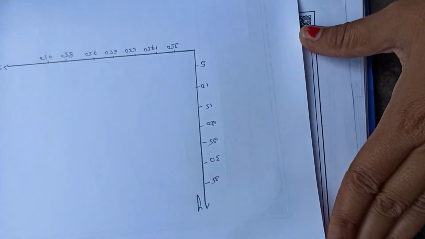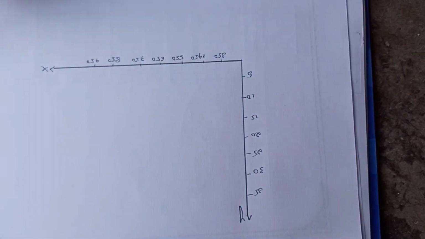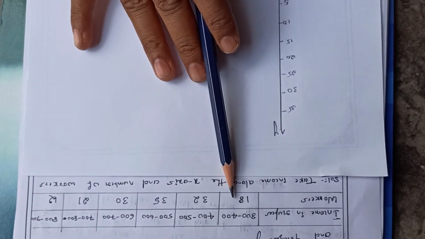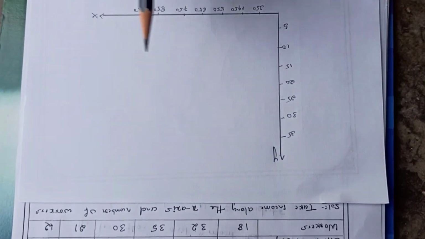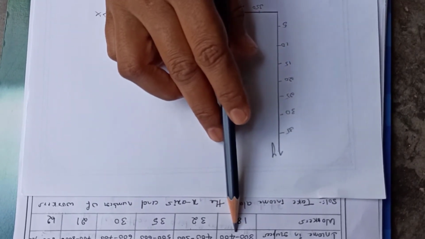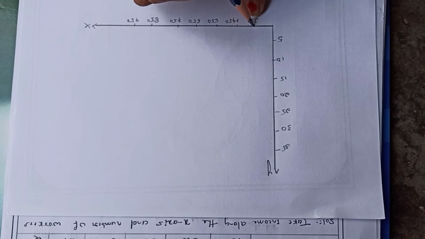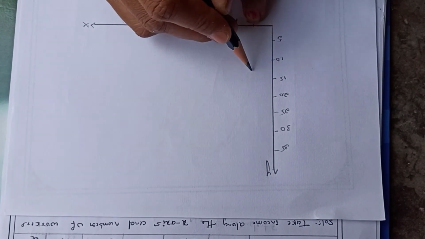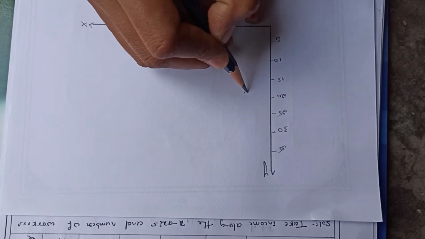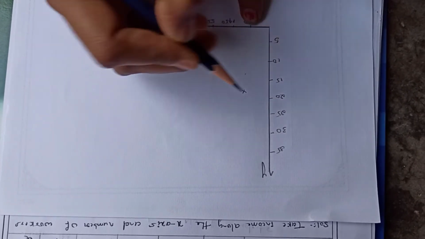So this is the data we have. From 300 to 400 we have 18 workers, and the midpoint for this class interval is 350. So we have 18 workers, which will come somewhere here, below 20 and above 15.